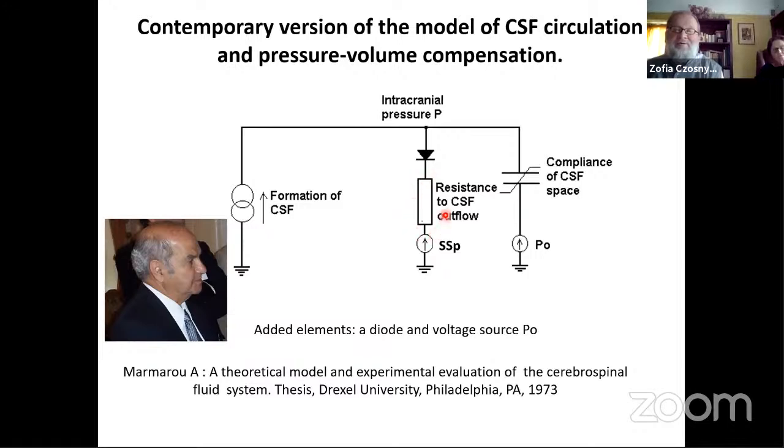The reabsorption branch consists of resistance to CSF outflow and a voltage source with sagittal sinus pressure, because we believe most of the reabsorption is to the sagittal sinus. And here is a diode showing that this reabsorption is unidirectional. And the compliance consists of a non-linear capacitor, and this will be discussed in more detail later.